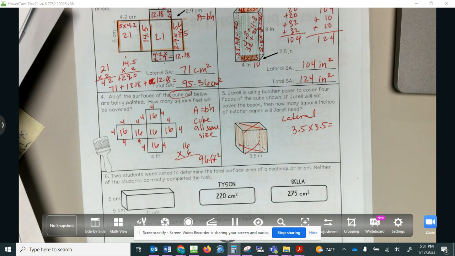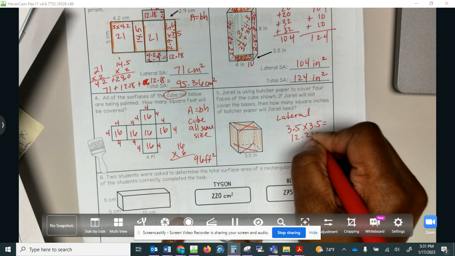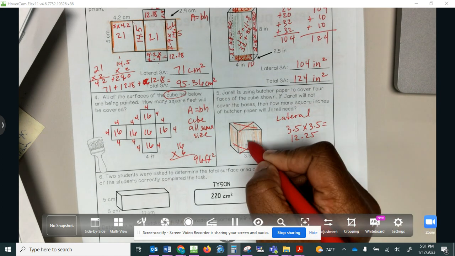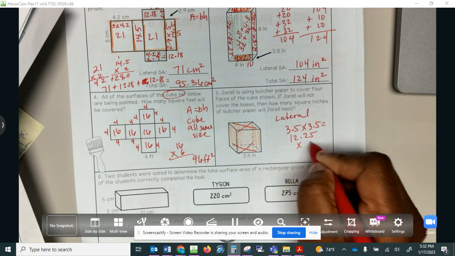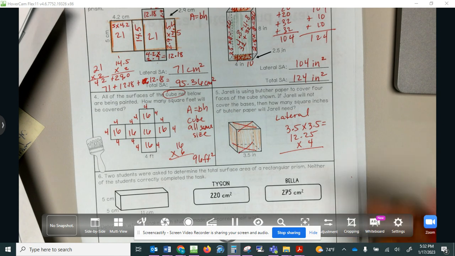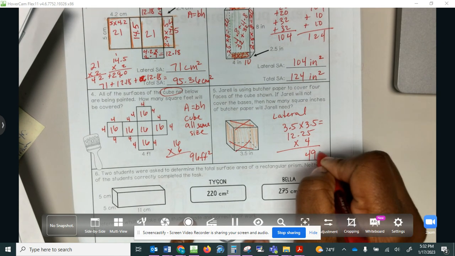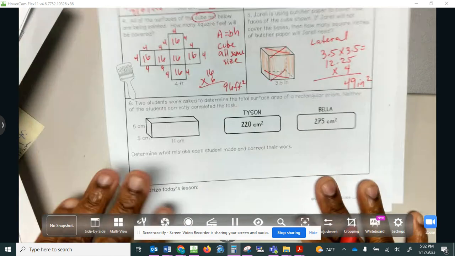So 3.5 times 3.5 is 12.25. And so if each face is 12.25, that means 12.25 times 4 faces will be 49 inch squared.